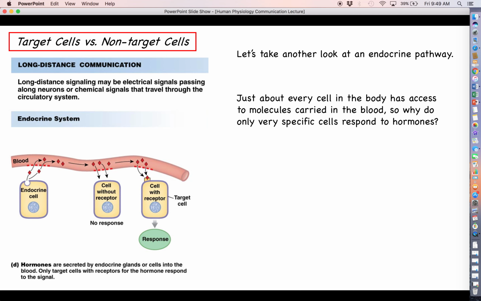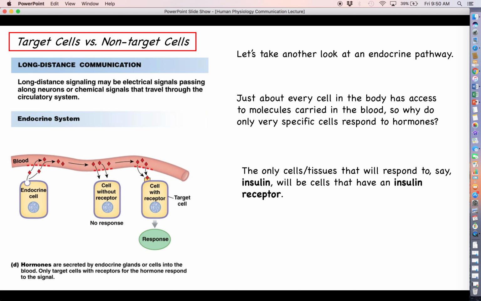So the issue here is that since hormones travel through the blood, and because pretty much every cell in the body has access to the materials that are carried in the blood, why is it that only very specific cells can respond to certain hormones? And again, it is because only very specific cells in the body are going to have the receptor for that particular hormone. For aldosterone, only those cells in the kidneys have aldosterone receptors.